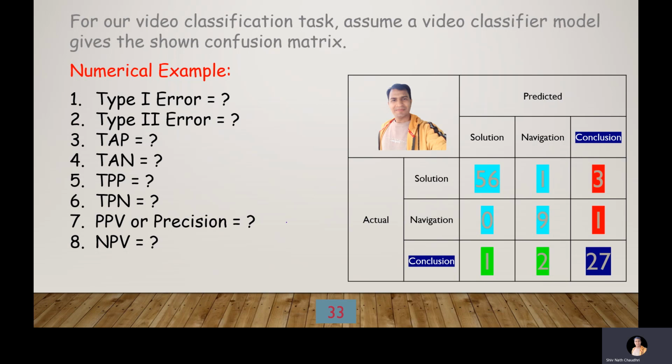Calculate each of these parameters by yourself, pausing the video for a while. Otherwise, I am explaining one by one. So these all are calculated by the given formula, like in the case of solution is desired category or navigation is desired category.